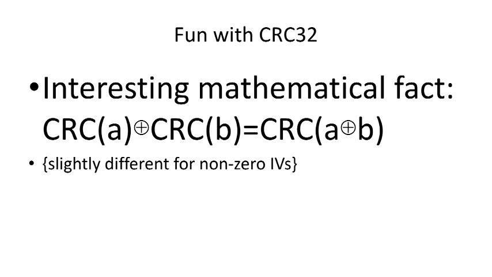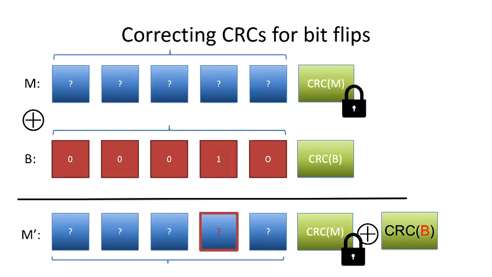So it's not exactly clear what you do with this observation, right? Well, if we have a message that we don't know the contents of, and we have the CRC, which we also don't know, but we have the encrypted version of it, right? And we are flipping a bit in the message, and we represent that by XORing another vector in with the bit set to high that we want to flip, right? This is basic XOR.